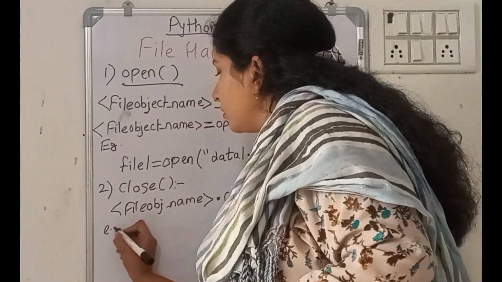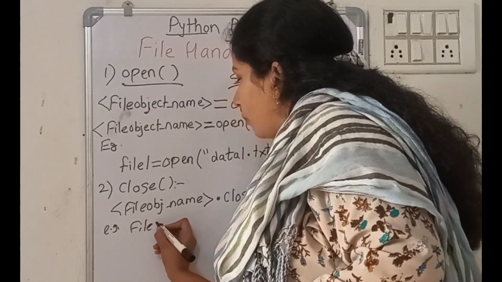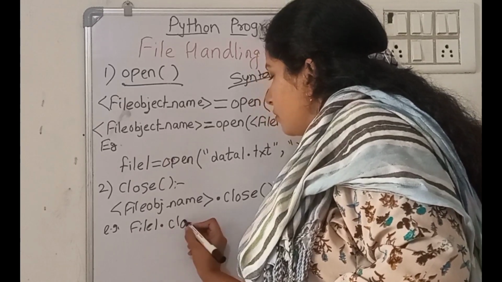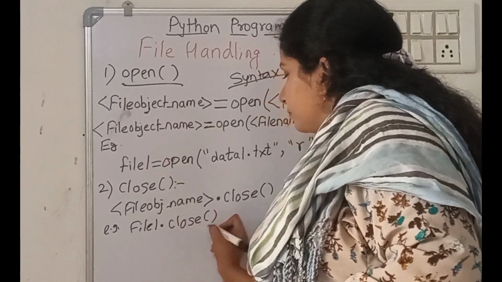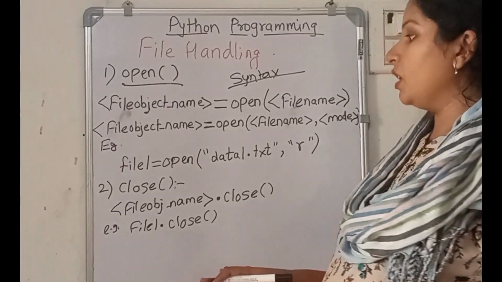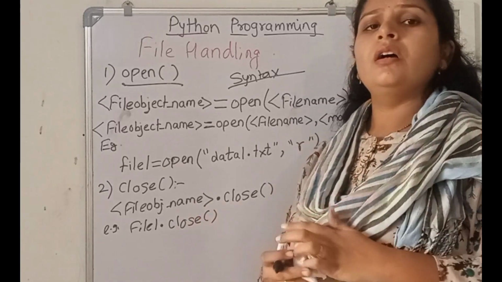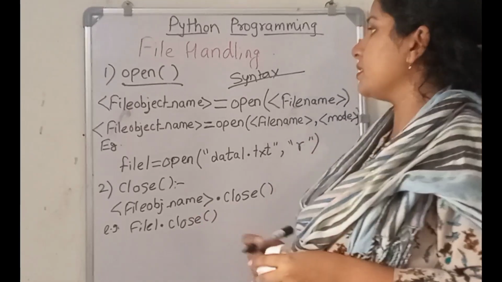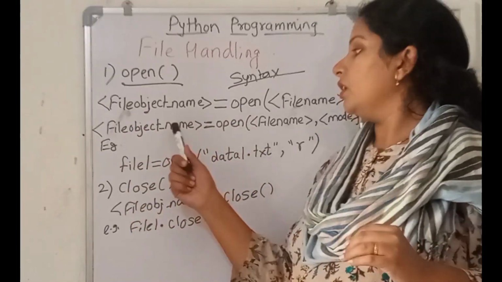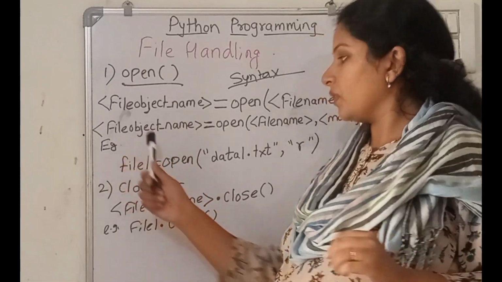The example is file1, your file object or file handle, dot close, and then you are closing the file. So this is very important and basic for the file handling concept. First you create the file object or file handle, and store the file access into the file object.